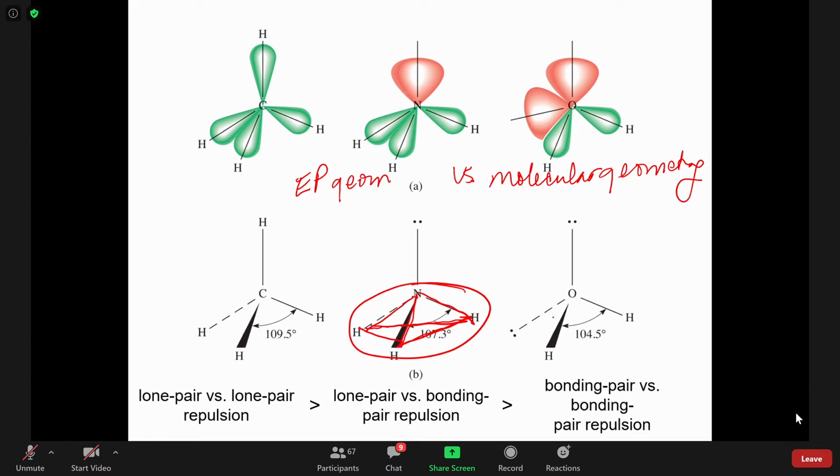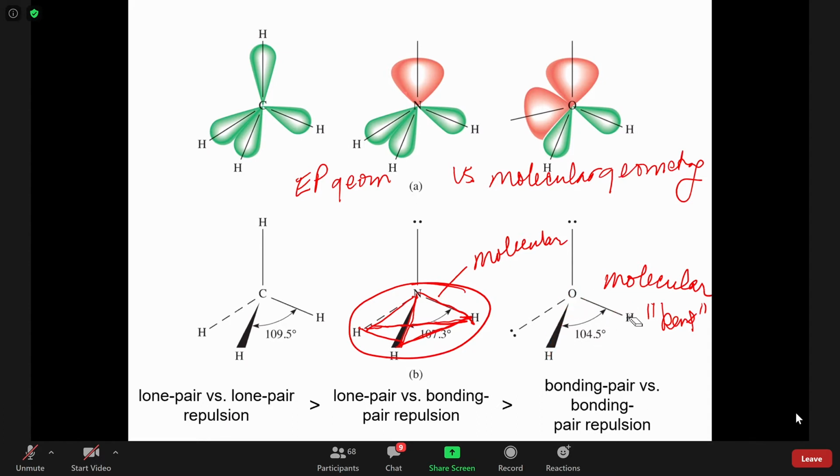Also for water, if we were just considering the molecular geometry, and we didn't think about the lone pairs, which do impact the overall geometry, but let's say we just want to consider the geometry of our bonding pairs, well, water becomes something called bent in terms of its molecular geometry, because it looks like you took a stick and you bent it.